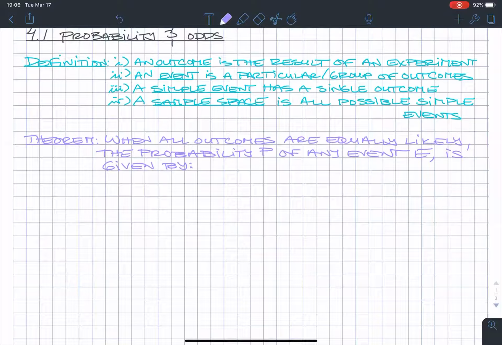So the notation is the probability of event E, so P in parentheses, capital E, and it's going to be a quotient.